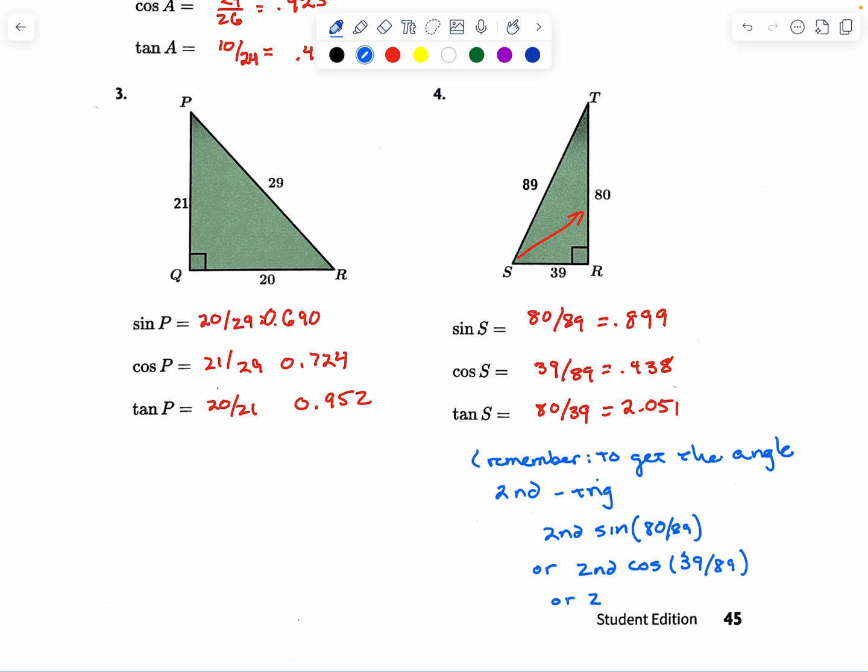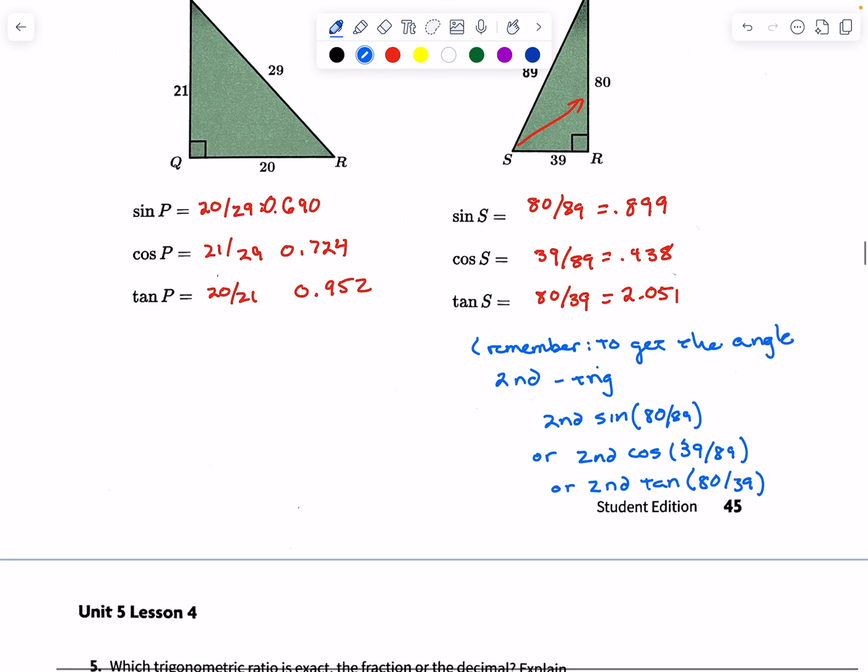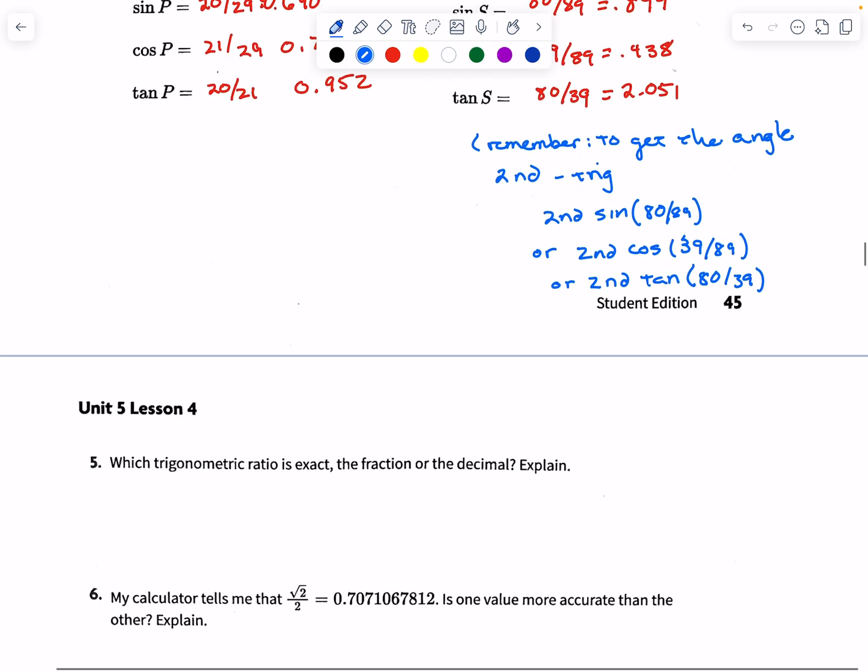Since we have a sine button, a tangent button, and a cosine button, we could have done tangent also. If you round things off, if the angle is small or large, it tends to cause more round-off error. So if I'm given exact values, I would use those exact values rather than the decimal approximations. Speaking of which, which one is exact, the fraction or the decimal?